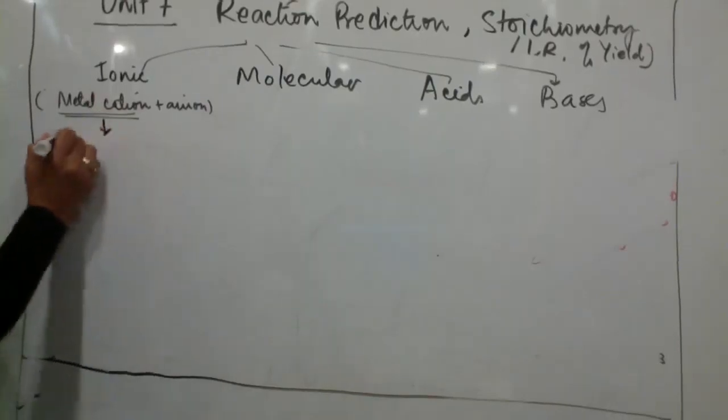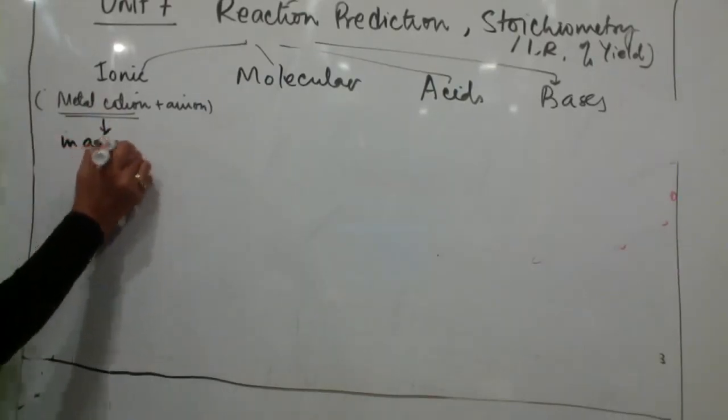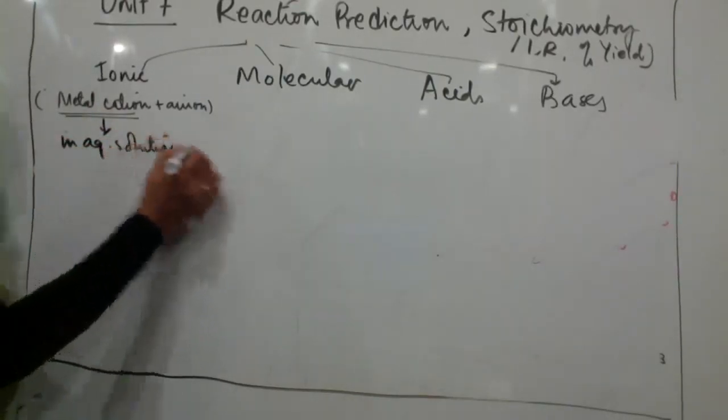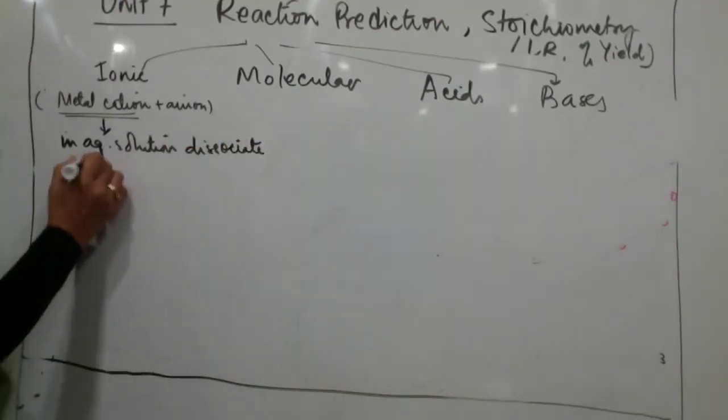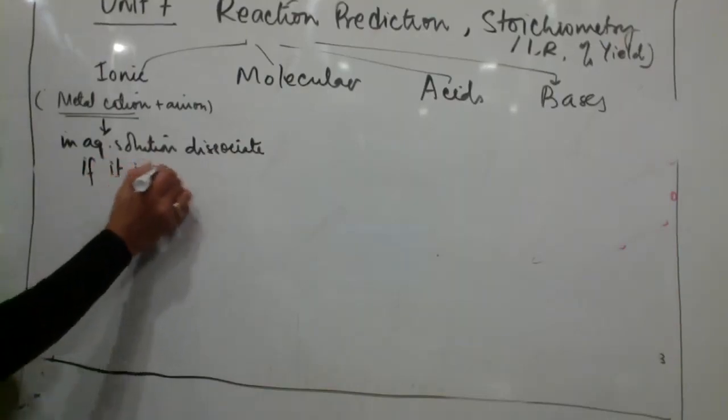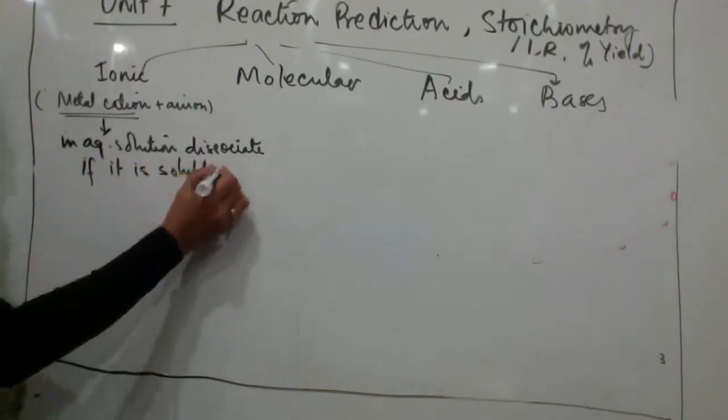An ionic compound in aqueous solution will dissociate if it is soluble in water.